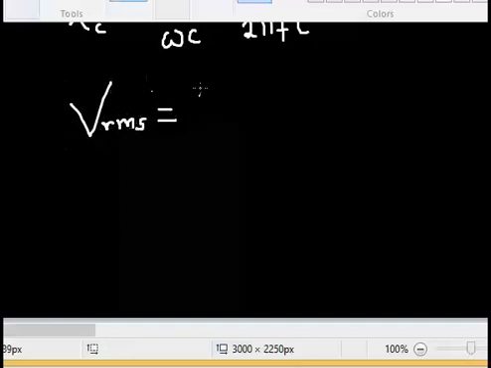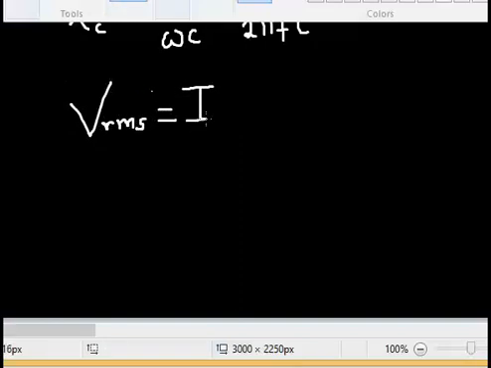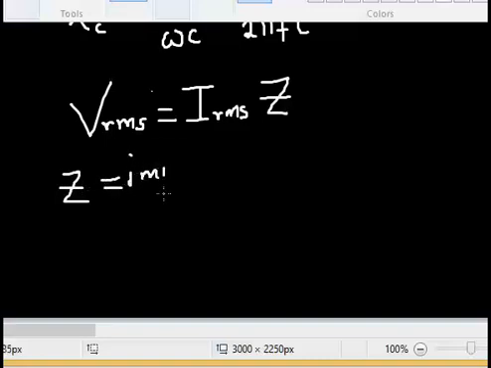Okay, then it's equal to the current of an alternating circuit, I RMS, times the resistance, and the resistance now is Z, which is the total opposition, known as the impedance.